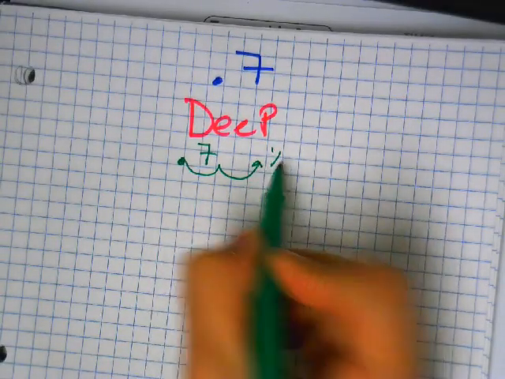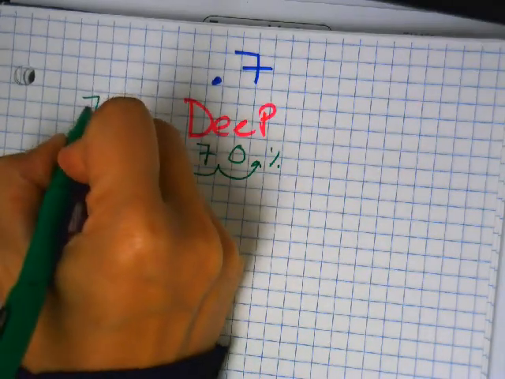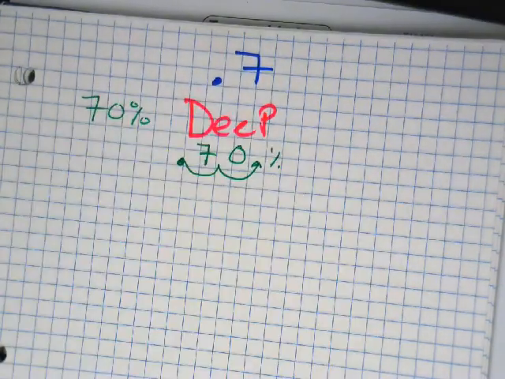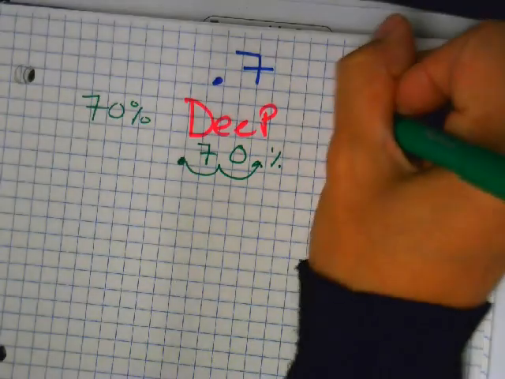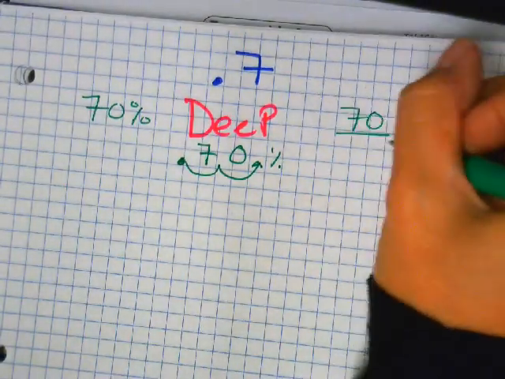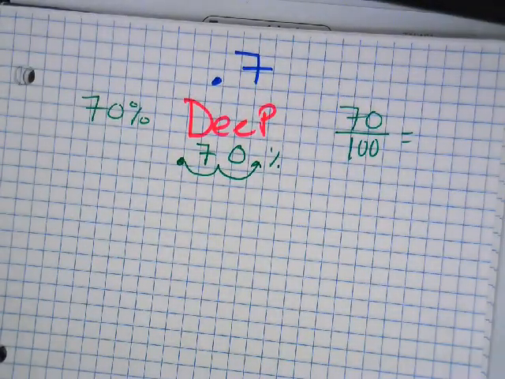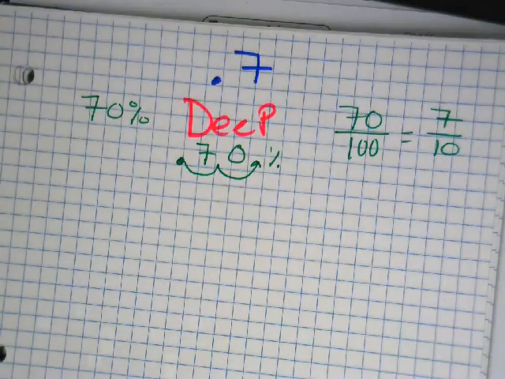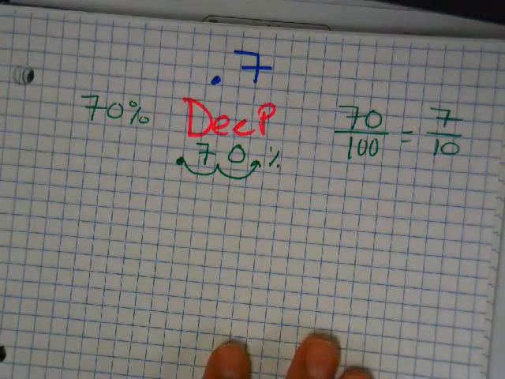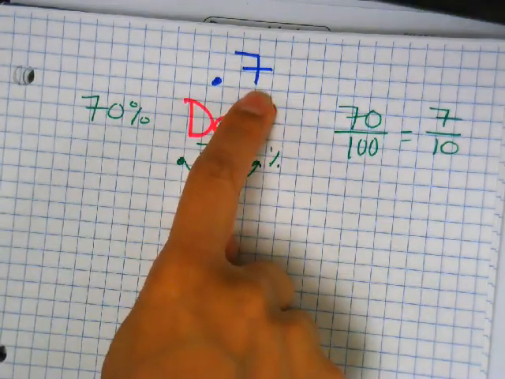Now it's a percent. What do I add in the space? A 0. So it would be 70%. What would be the fraction? 70 out of 100. Or 7 tenths, because this is in the tenths place, so 7 out of 10.